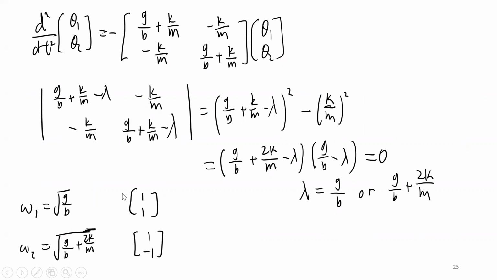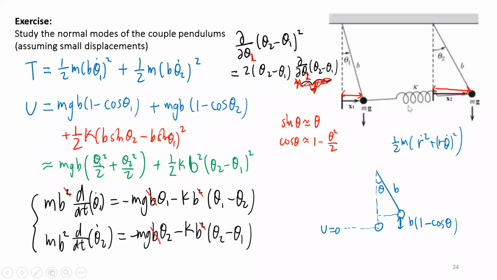So this is of course the symmetric mode, and the other one, the anti-symmetric mode, is where the two particles oscillate out of phase, same amplitude, but there's a pi phase shift.